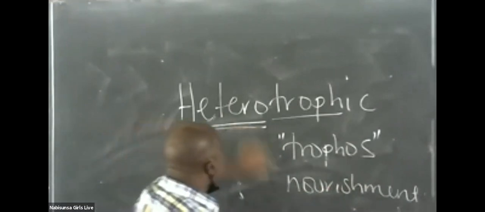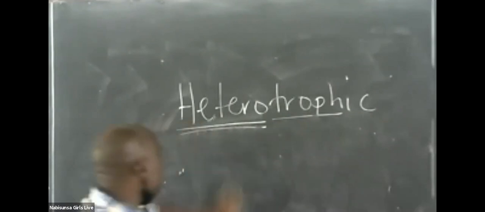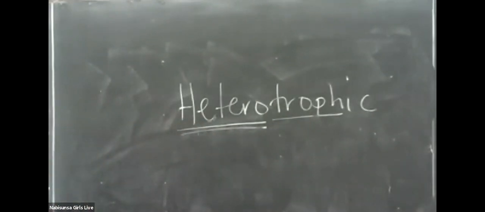So we are saying that these organisms here, they cannot make their own. They depend on already made food by others. They feed on already manufactured food by other organisms. That is heterotrophic nutrition.